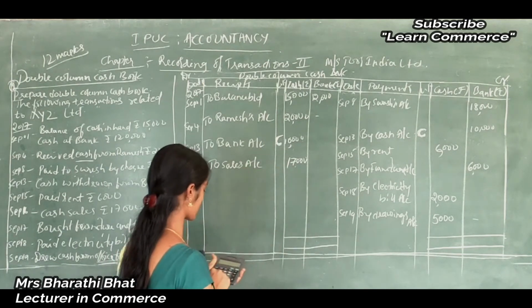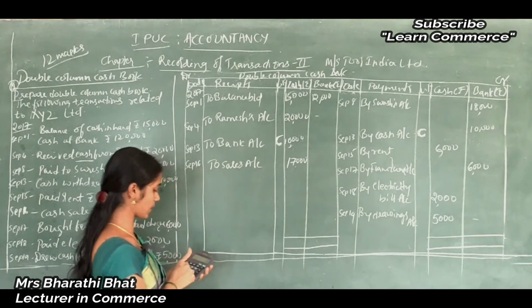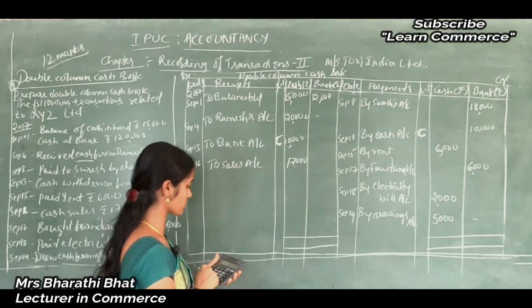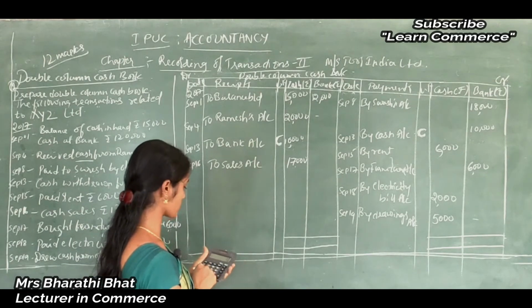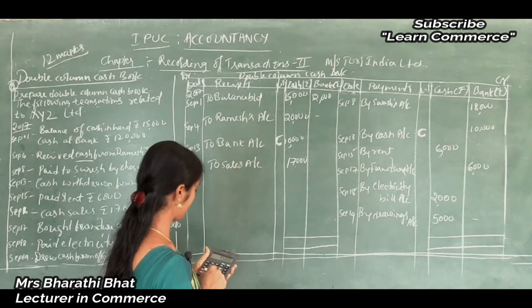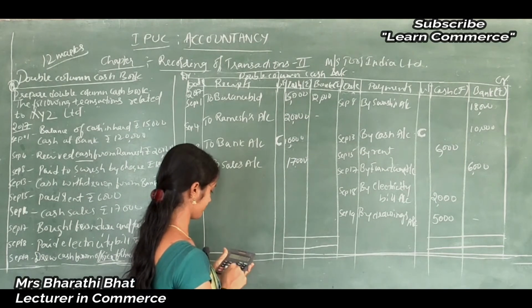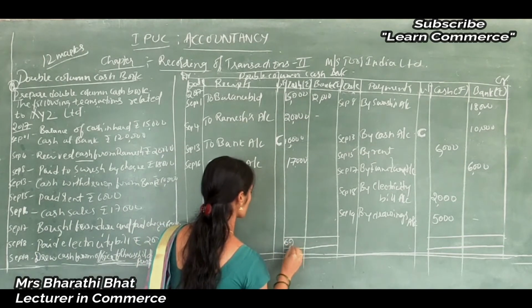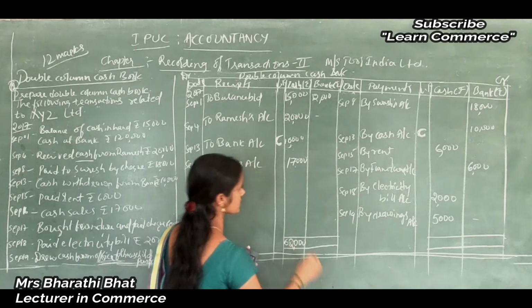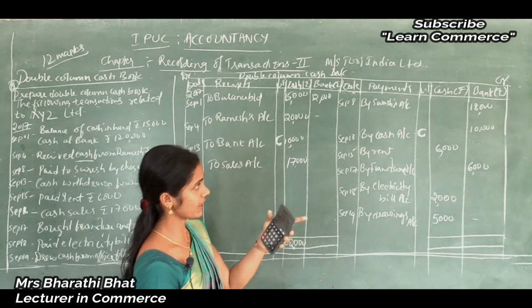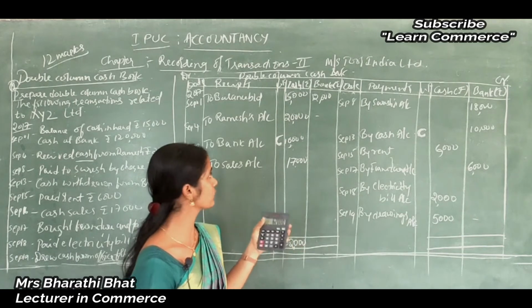First cash column: 15,000 plus 20,000 plus 10,000 plus 17,000, 62,000. So this side of the cash column shows a lesser value than that side.